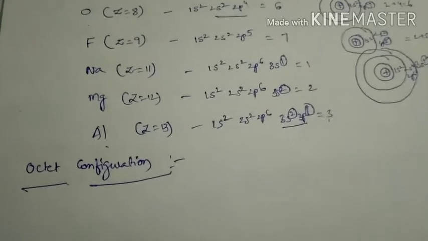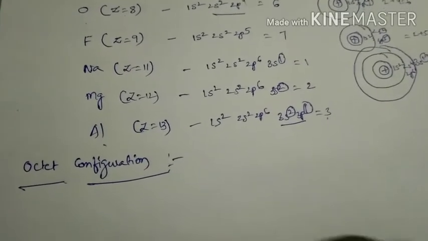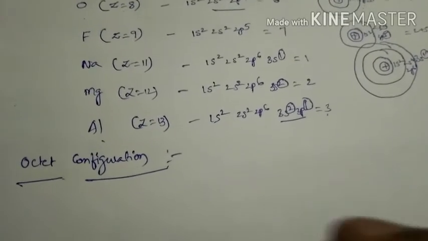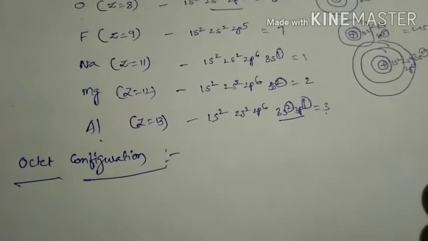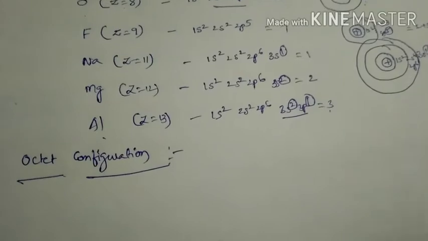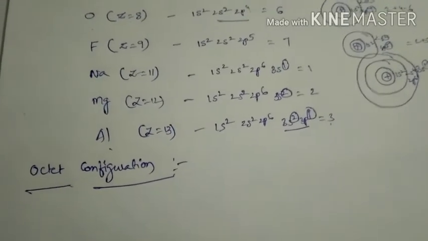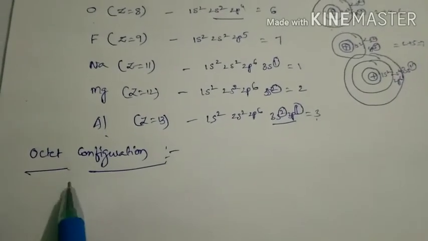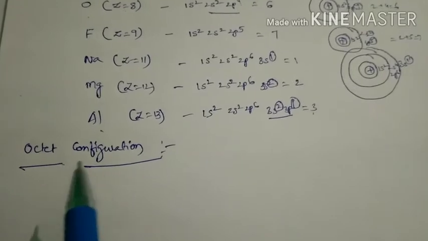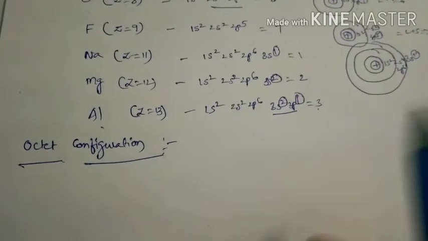If the outermost orbit contains 8 electrons, that is called octet configuration. And one more point: if an atom has 8 electrons in its outermost orbit, then it will be more stable. This is a very important point. Listen carefully to what I told you now.